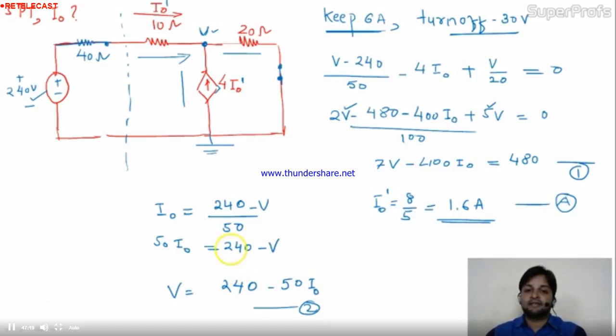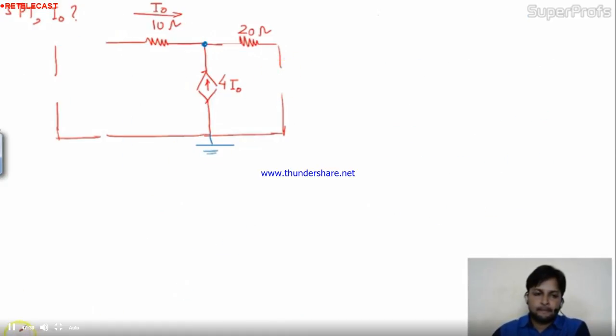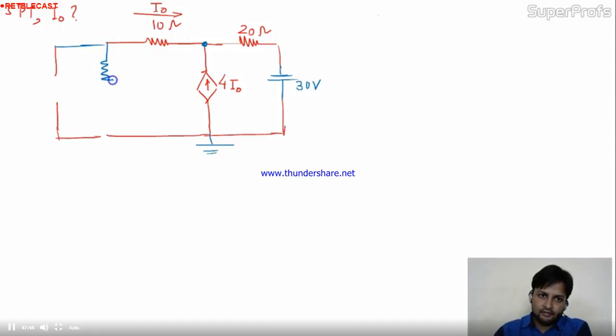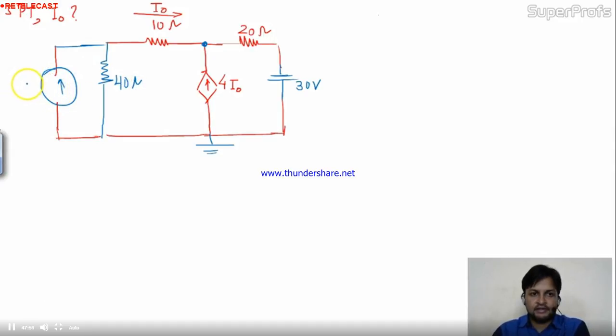Now the second part remains, and in the second part we'll keep the 30 volt and turn off the 6 ampere. Okay. So this is your original circuit, 30 volt, and here we have a 40 ohm resistance in parallel with the current source 6 ampere.